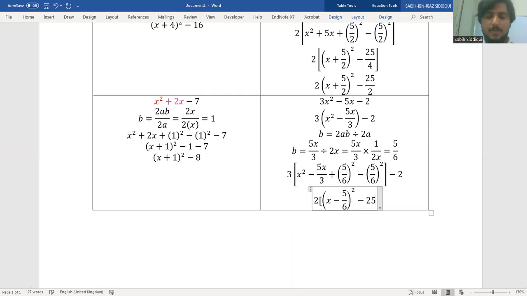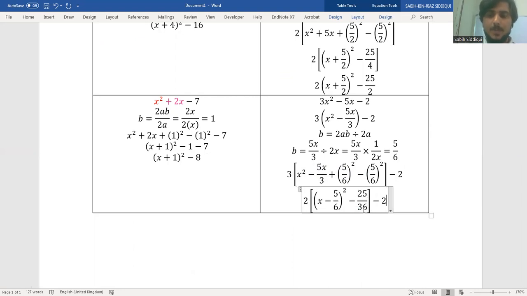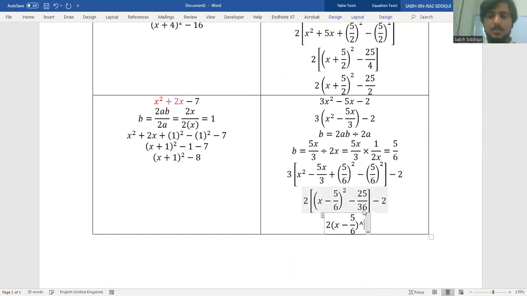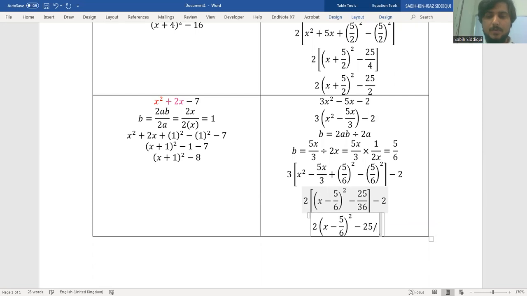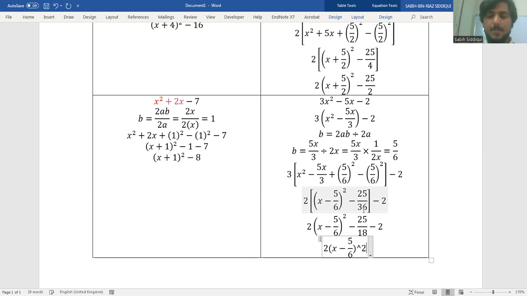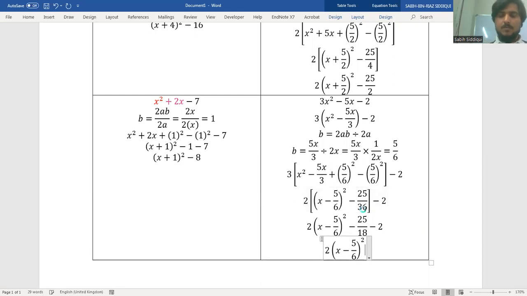And we are left with 25 over 36 minus 2. So now we open up the brackets, we get x minus 5 over 6 whole square minus 25 over 18 minus 2. If we simplify it, we'll take 18 as the LCM, 36 plus 25, that is 61.